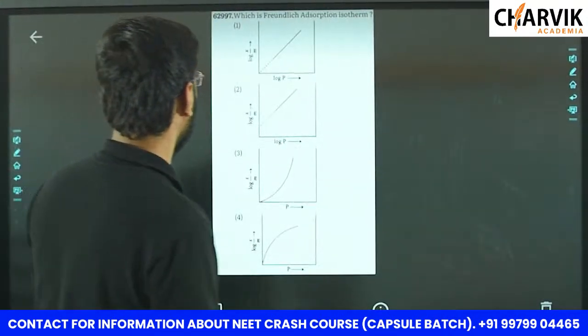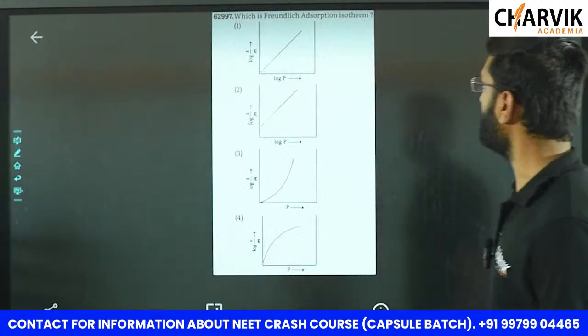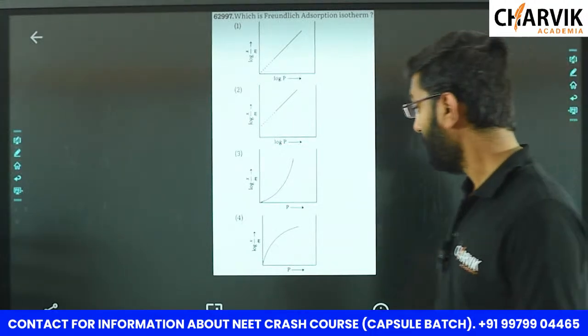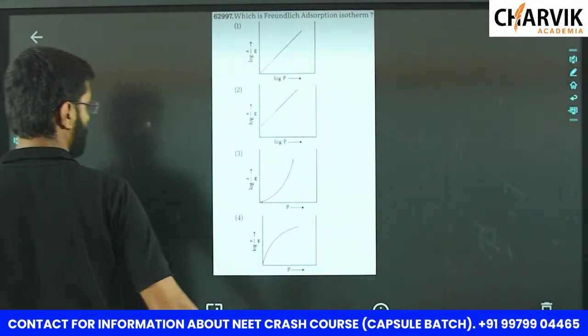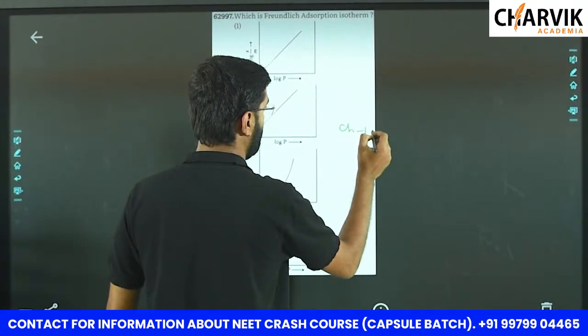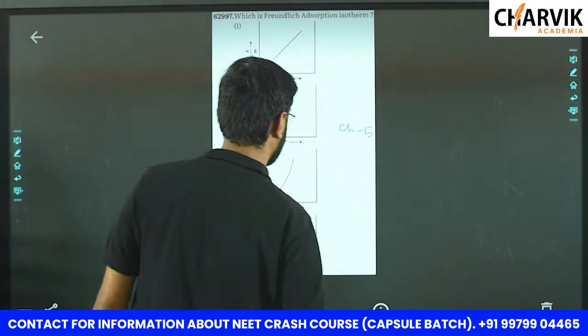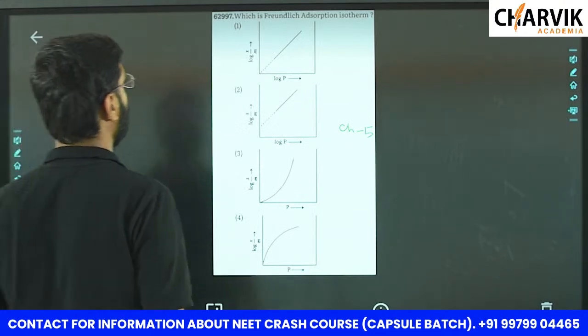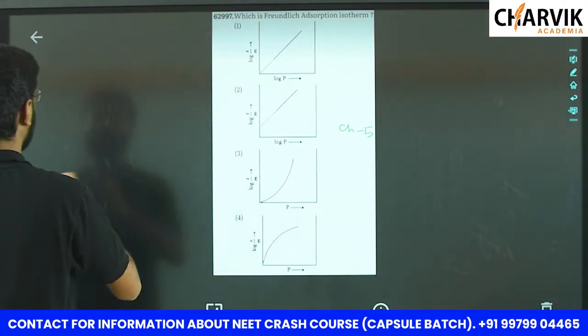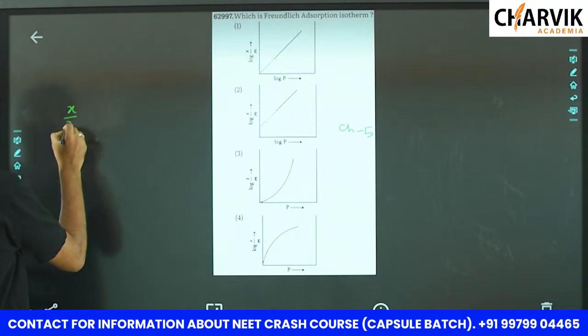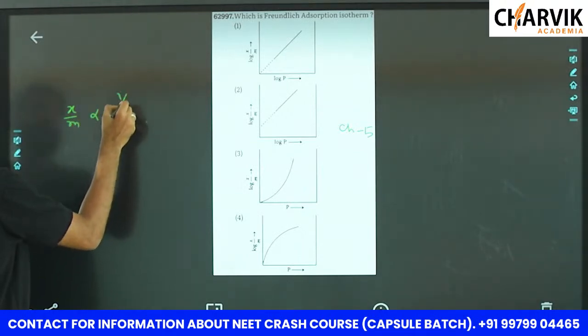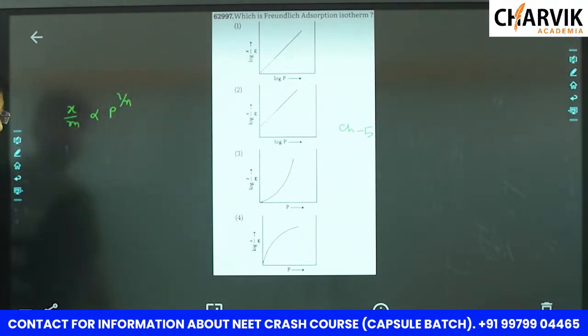Which is the Freundlich adsorption isotherm? Question from surface chemistry, chapter number 5. The equation for the Freundlich adsorption isotherm is x by m proportional to p raised to 1 upon n, right?